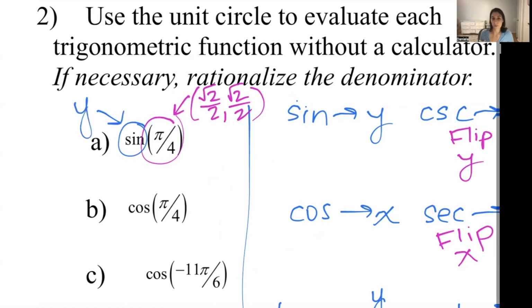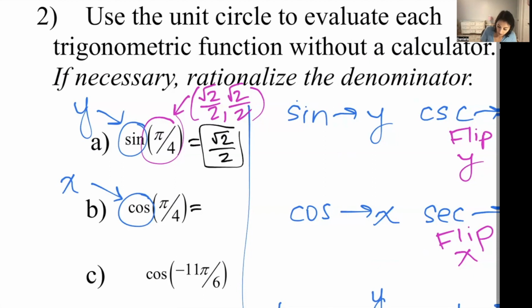So notice that part B is very similar. We're still looking at pi over 4, so we're looking at the same location, but now you're going to look at the x value of the ordered pair. Notice in both of these cases, the answer is actually going to be positive square root of 2 over 2, because in this case the x and the y values are exactly the same.